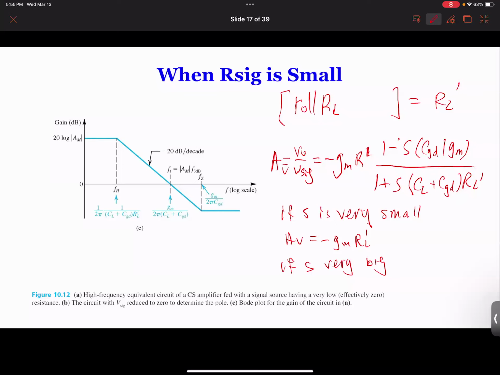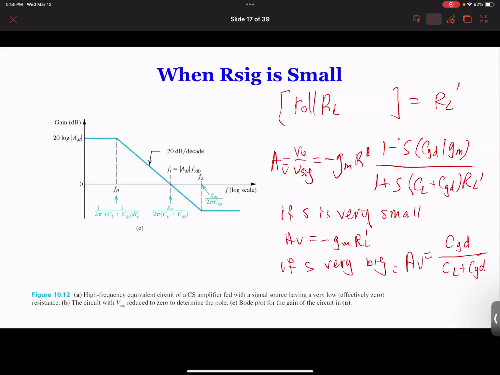So you get this RL, and you get gm on the top, and you can move the gm to the bottom, and then you have CGD up there. The gm is going to cancel, RL is going to cancel, and AV is going to be just CGD over CL plus CGD.